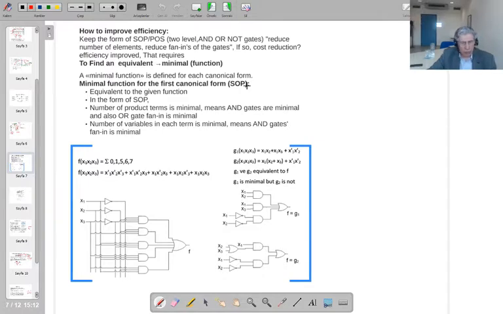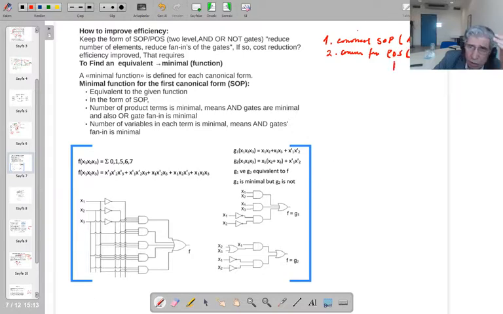We already said that for the first canonical form or second canonical form, each of those canonical forms, that is sum of products, that means AND/OR, and product of sums, that means OR/AND, type of realization we can find.